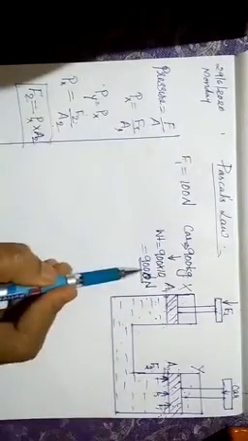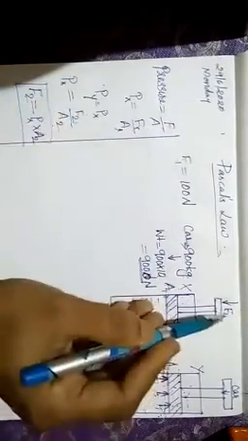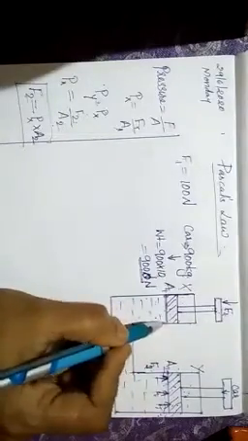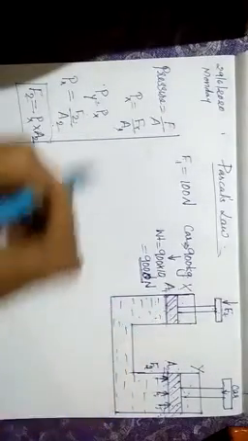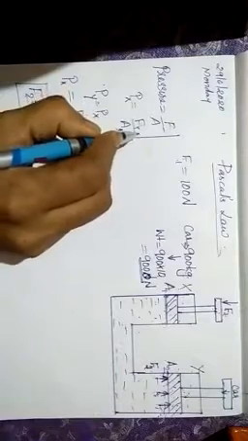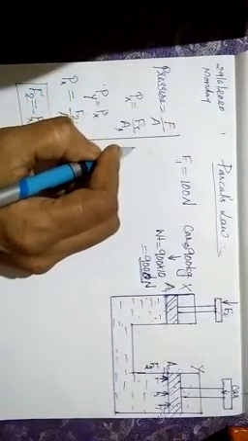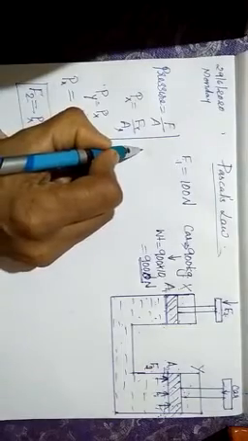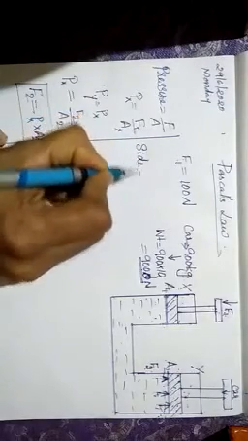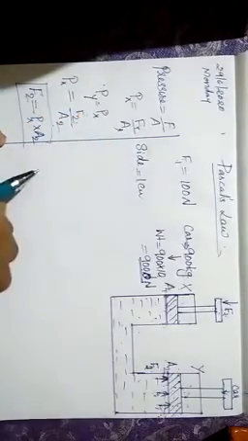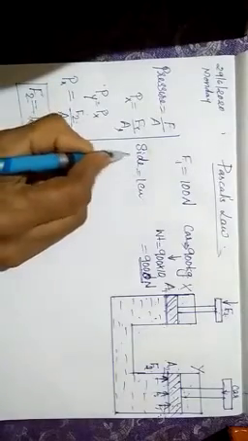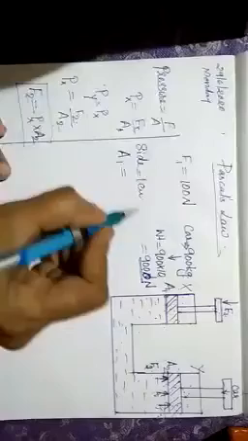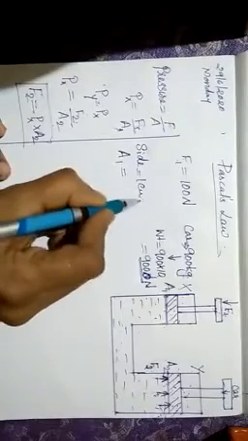Therefore, let us consider F1 as 100 Newton, and let us consider the area of cross section, the surface area of this water, to be square in shape. The surface of water is square in shape. So that square has side 1 centimeter.